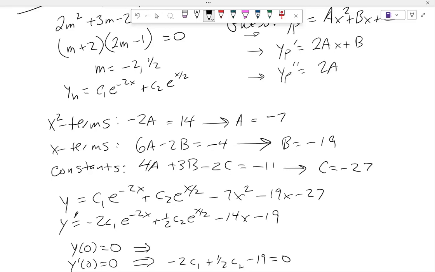Minus 19. That's supposed to equal 0. Got all choked up about it. Original function, what do you get? Yep, minus 27 equals 0. Good. There's our two equations and two unknowns.